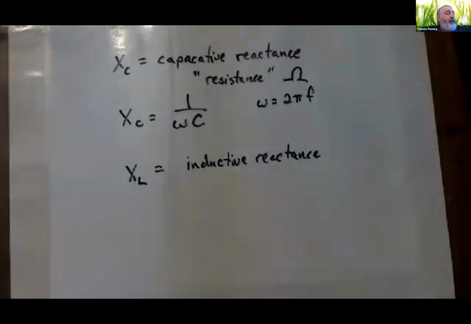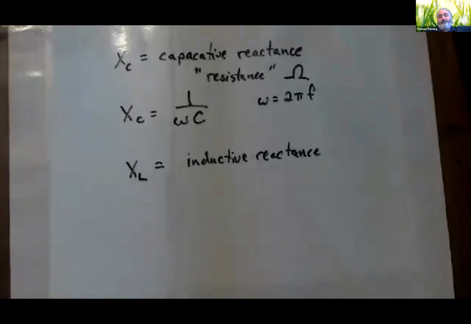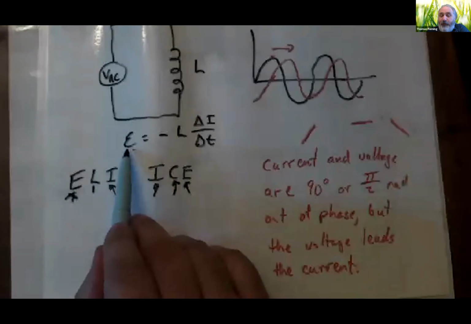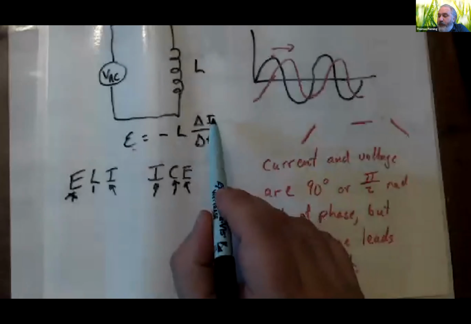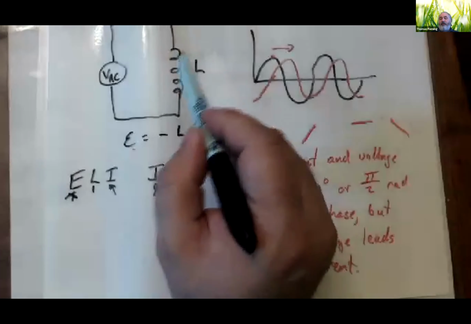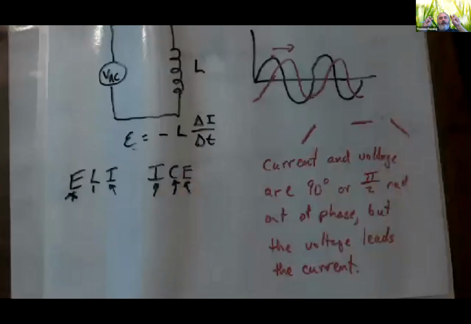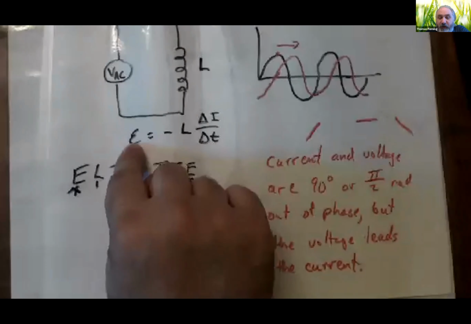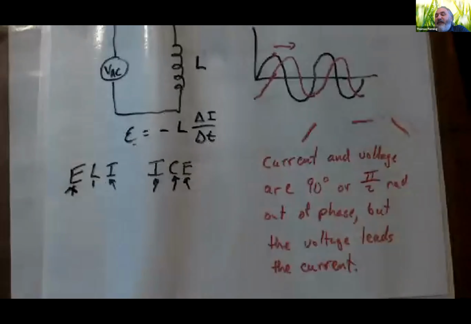Now, to remind you, for an inductor, the voltage drop across it is related to the rate at which the current is changing. And remember, the bigger the voltage drop across this, the more the reactance is going to be. If you have a big voltage drop, that means your inductor is pushing back against the battery super, super hard, and the battery won't be able to squeeze much current out. So anything that makes this voltage get bigger makes my reactance get larger.